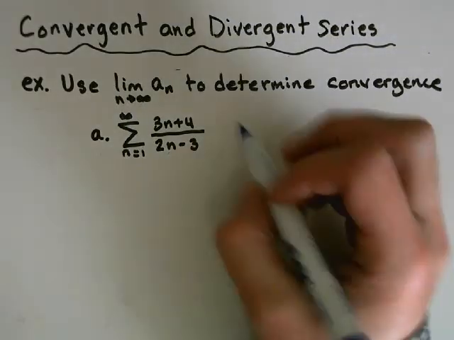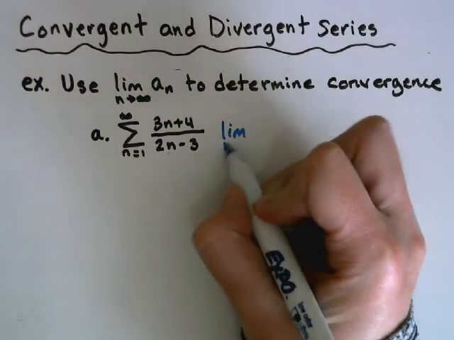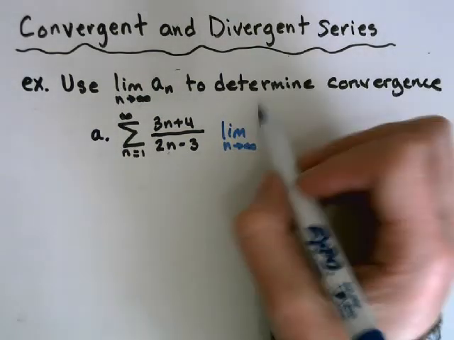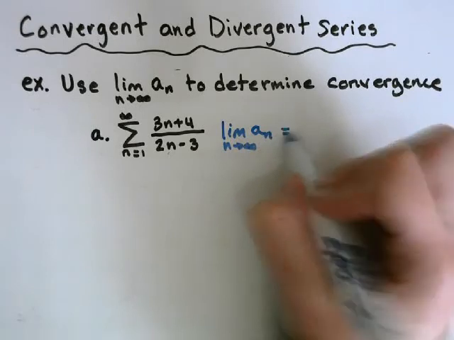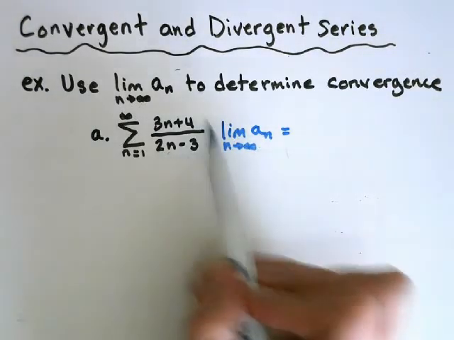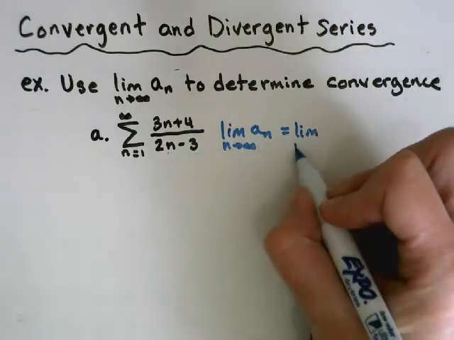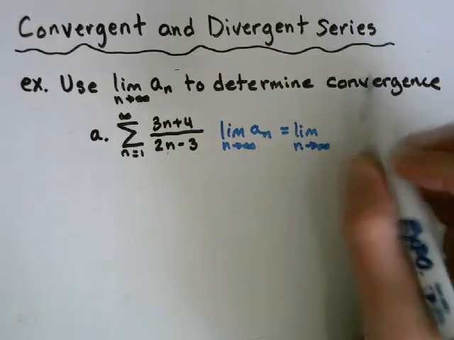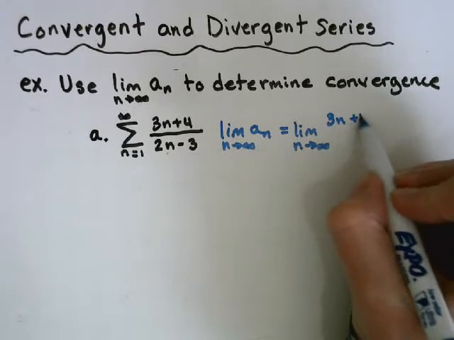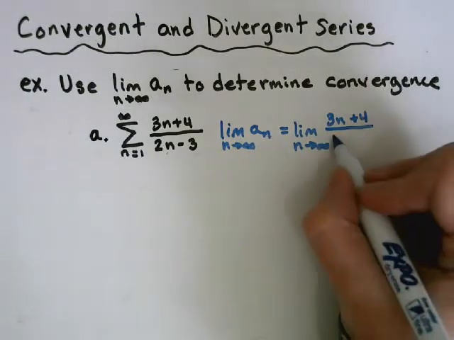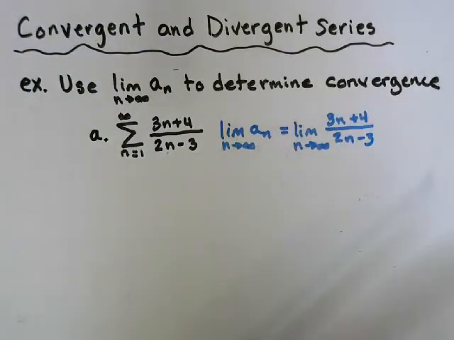We're going to look at the limit as n goes to infinity of our nth term, which, when it's written in sigma notation, is always that general formula. So we're looking at the limit as n goes to infinity of 3n plus 4 over 2n minus 3.